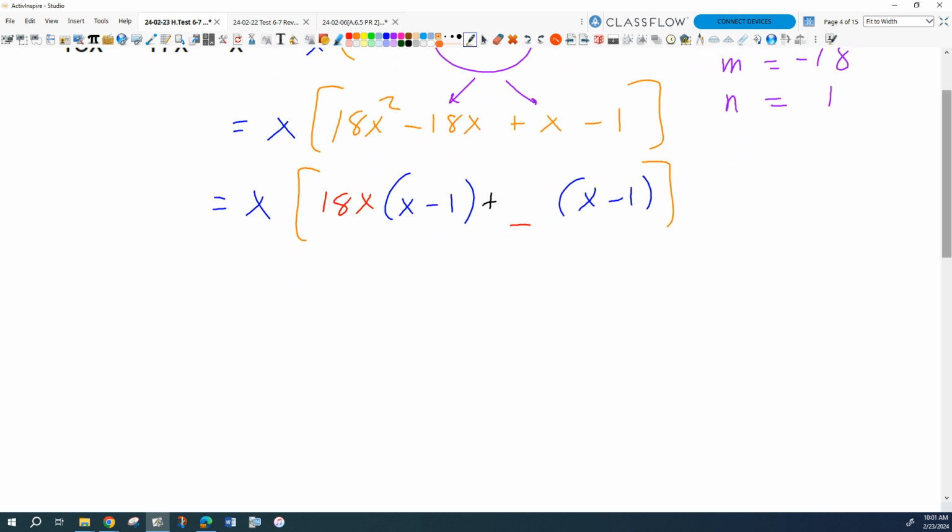We don't have to write it, but there's a 1 there. So the final answer is we've got our x out front, and then we pull out another x minus 1, times what's left. Good?